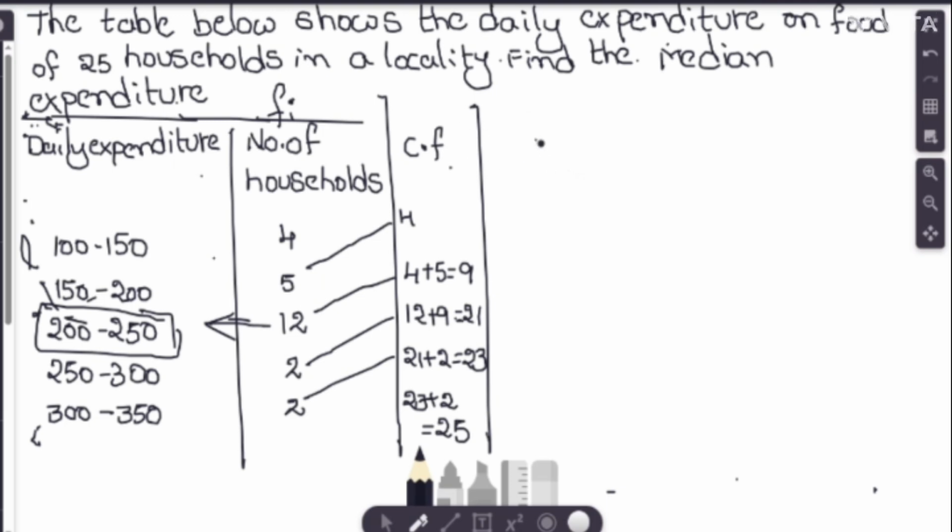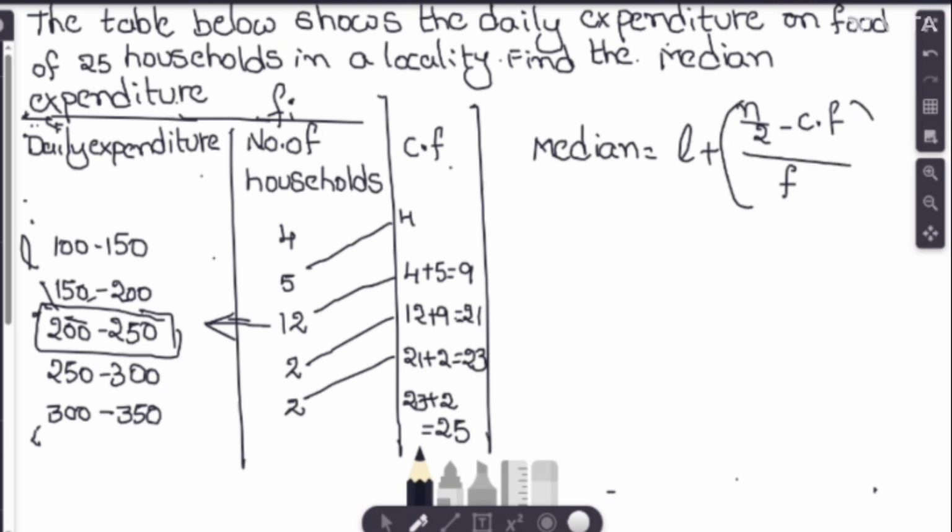For that we first write the formula. Median is equal to L plus, this is very important, they will give this formula in Section 2 out of 4 marks, only the formula and explain the terms. Median equals L plus (N by 2 minus CF) by F into H. Here CF means cumulative frequency, H means class size, L means lower boundary of the median class.